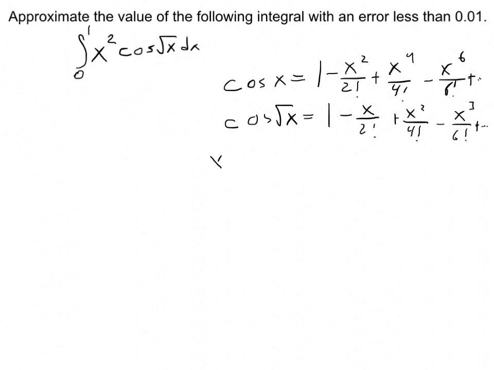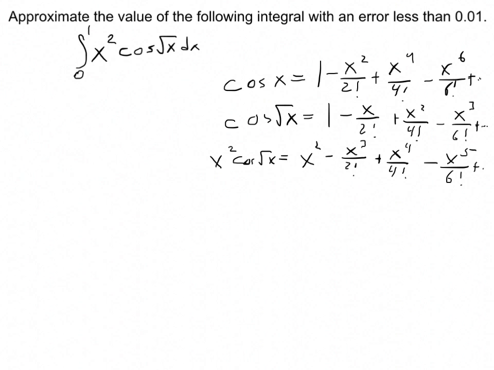And then when I go back and do x squared cosine squared of x, I'll have x squared minus x cubed over 2 factorial plus x to the 4th over 4 factorial minus x to the 5th over 6 factorial, and so on.